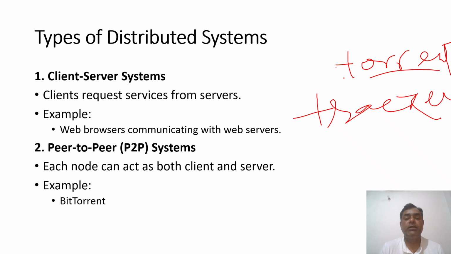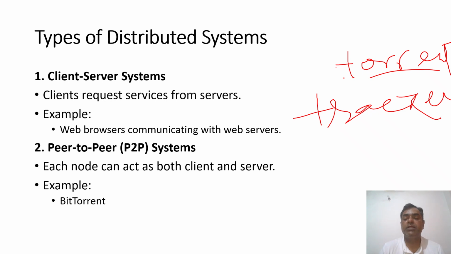In this tracker, there is information about which parts of the file are located in which location, and that is the metadata. When you send a request to the tracker, it provides the address, or location, of the chunks of the file that are present in different machines.